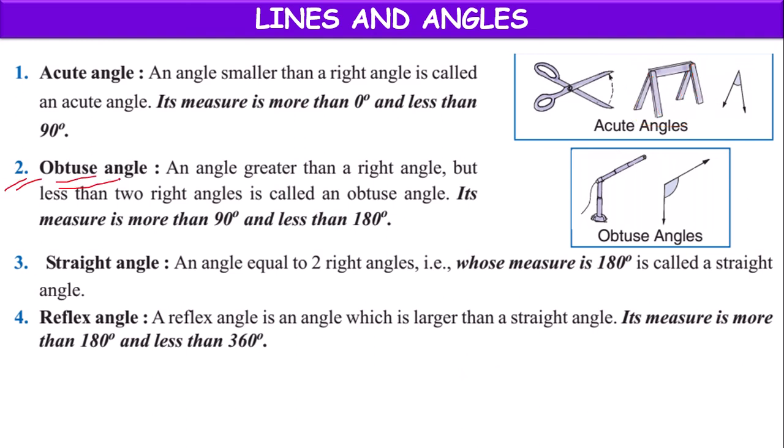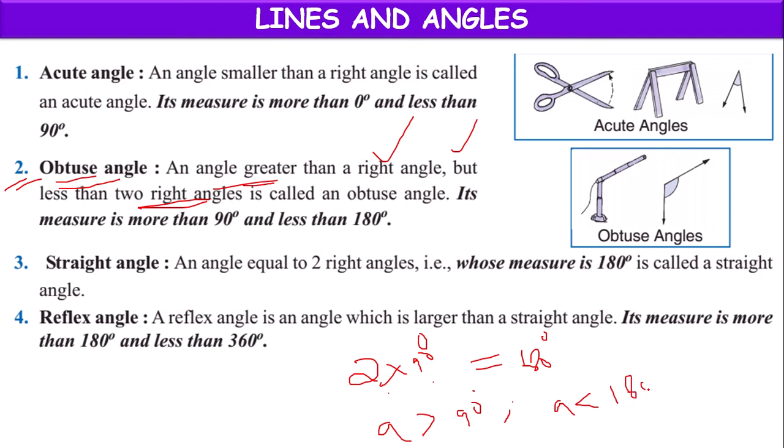Next we have obtuse angle. It means an angle greater than a right angle but less than two right angles. What is the meaning of two right angles, children? 2 into 90, which is equal to 180 degrees. The angle which is greater than 90 degrees and less than 180 degrees is called an obtuse angle.